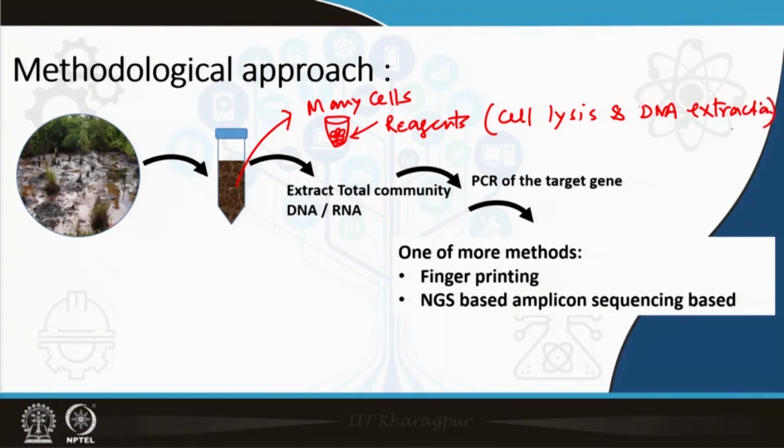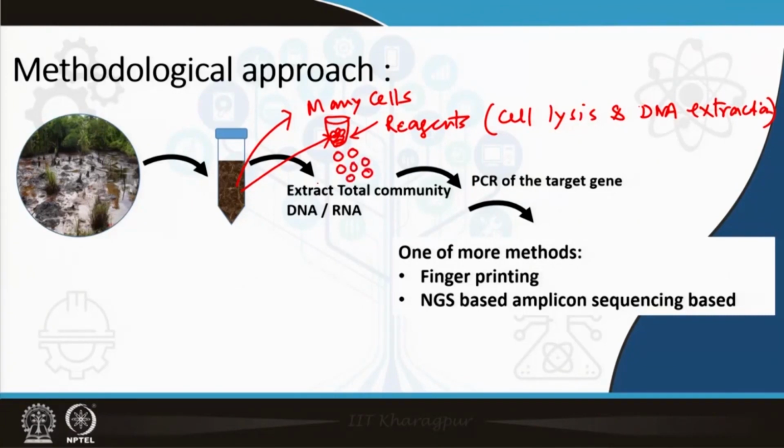So, we add chemical reagents into the sample. So, this is the sample and this sample ideally consists of many cells. So, there are many cells as I mentioned.